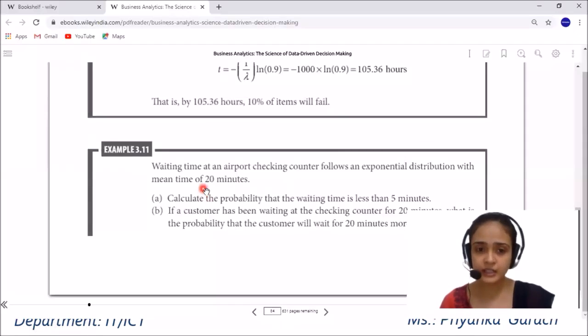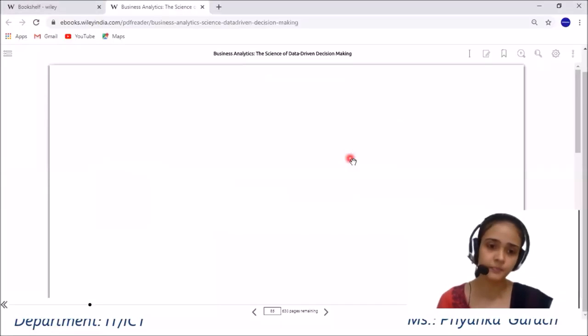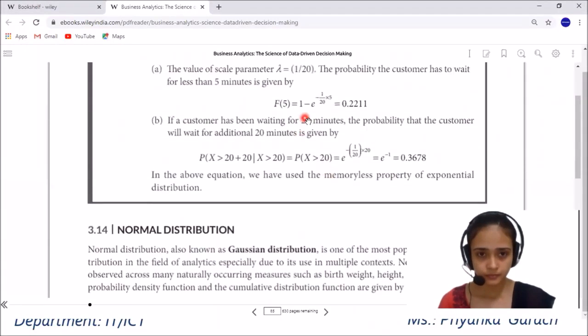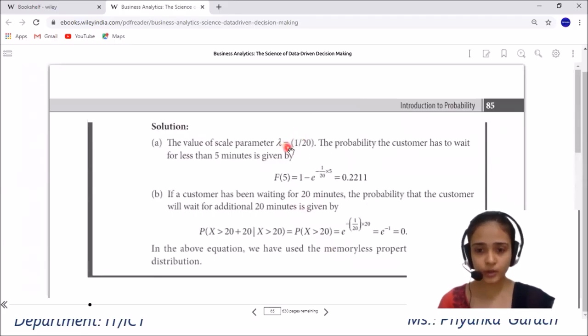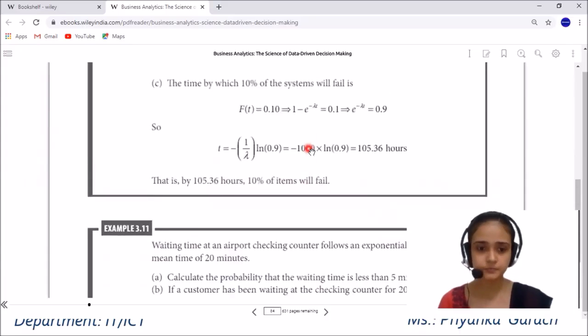So this 20 is the value of 1 upon lambda, not only lambda. If you want only lambda, then just invert it, so the value of lambda is 1 divided by 20.